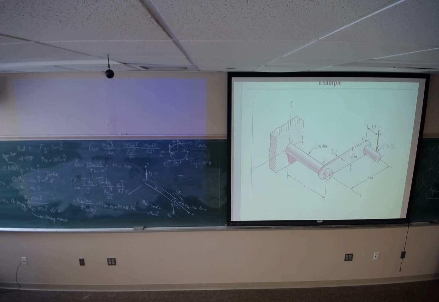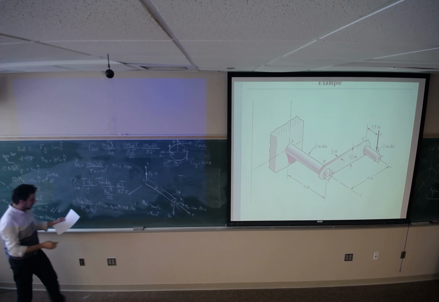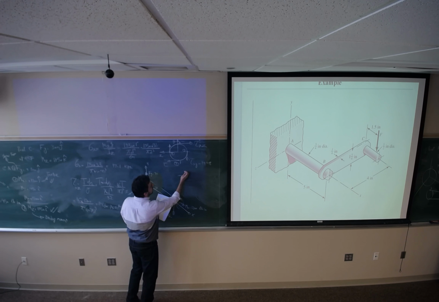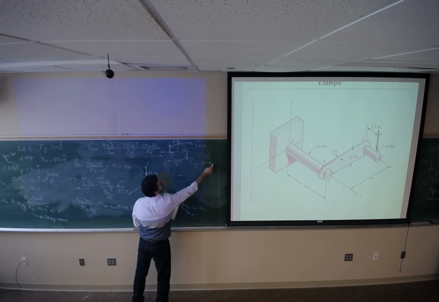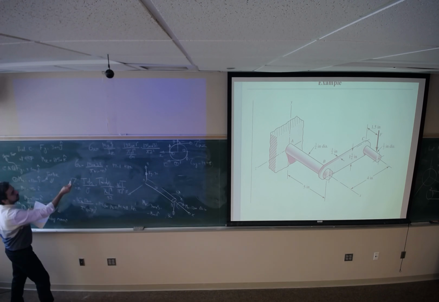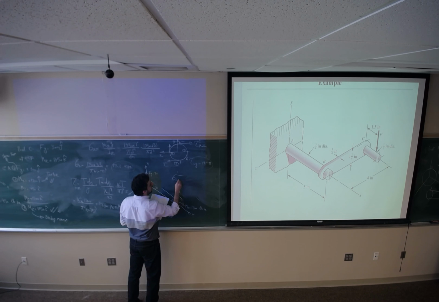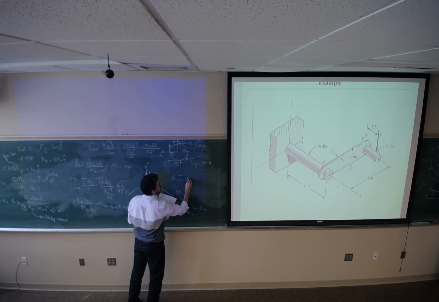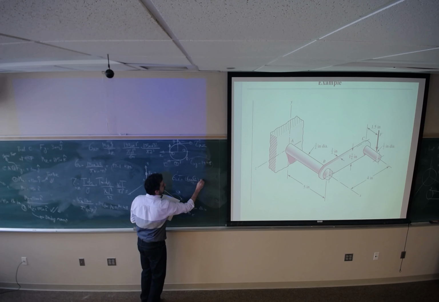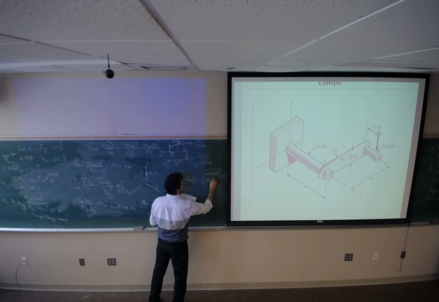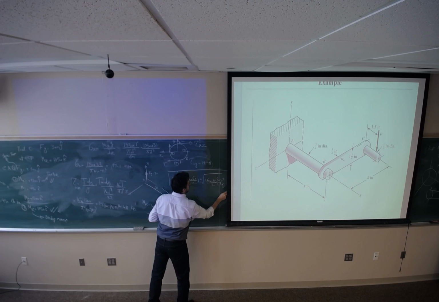Now, if I ask you to find the principal normal stresses, we can do that for point A because you have shear stress and normal stress, so you can find sigma prime 1 and sigma prime 2 by using this equation.